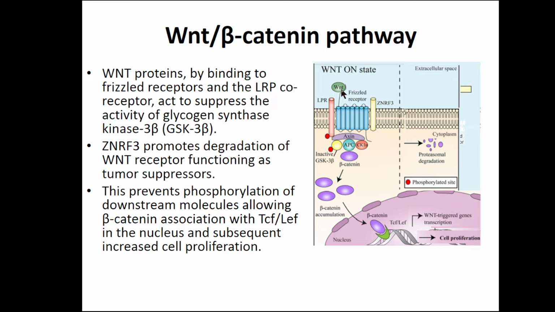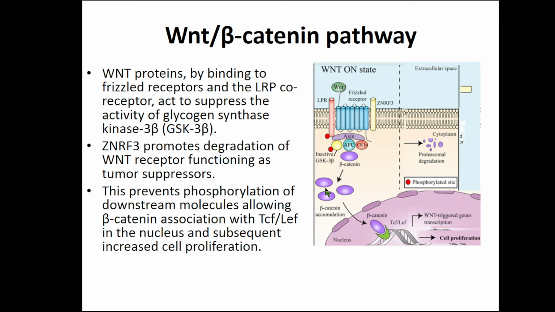This pathway has the ligand Wnt, whose connection with its receptor turns this signaling pathway to the on state. What will be the result? After ligand and receptor connection, beta-catenin will come into the cell and will separate.